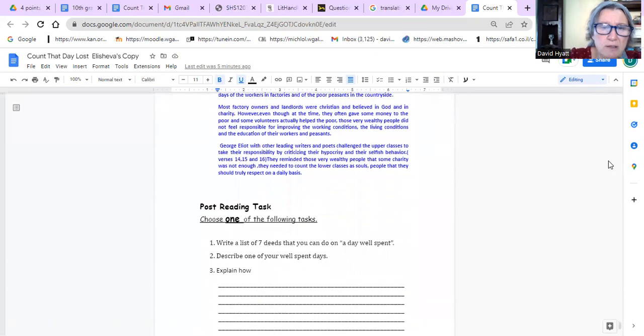George Eliot, with other leading writers and poets, challenged the upper classes to take their responsibility by criticizing their hypocrisy and their selfish behavior.